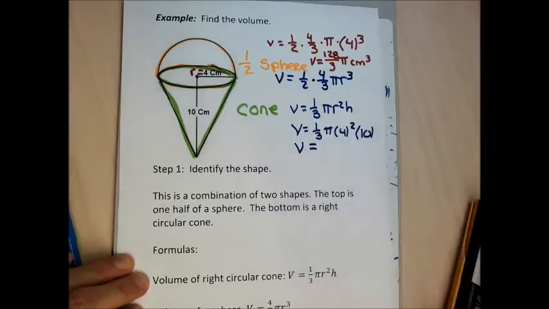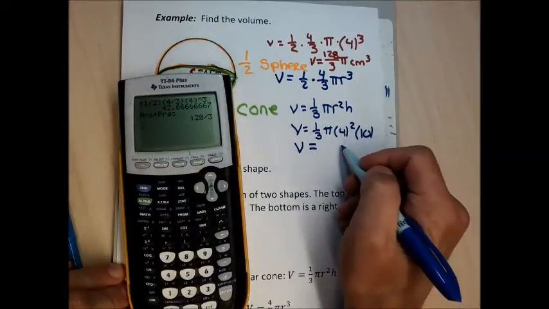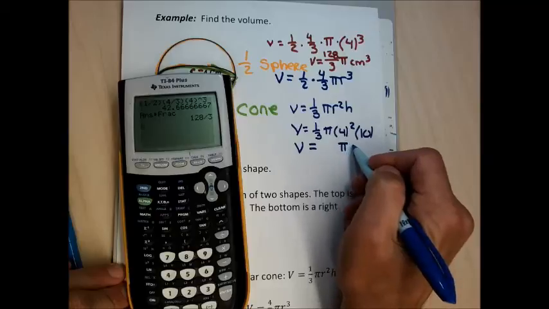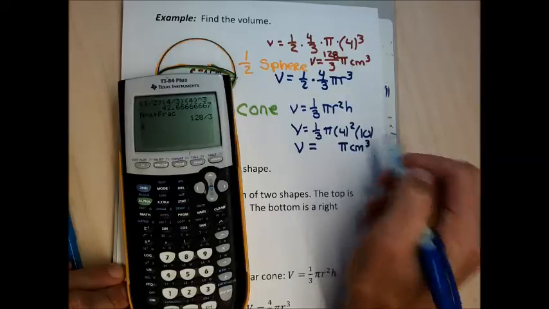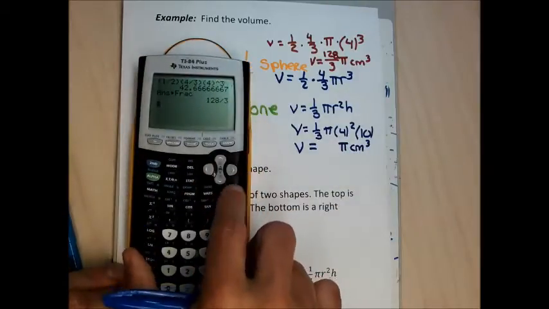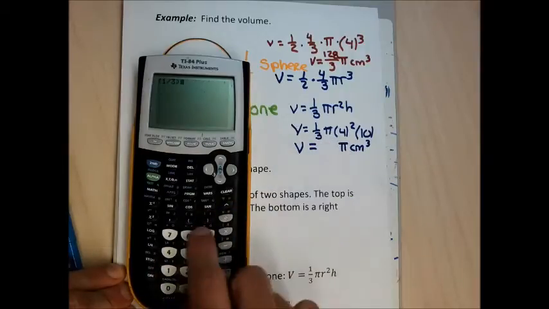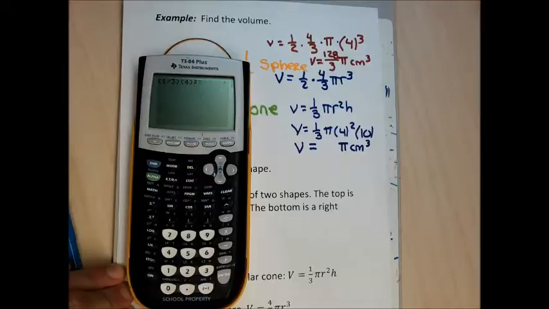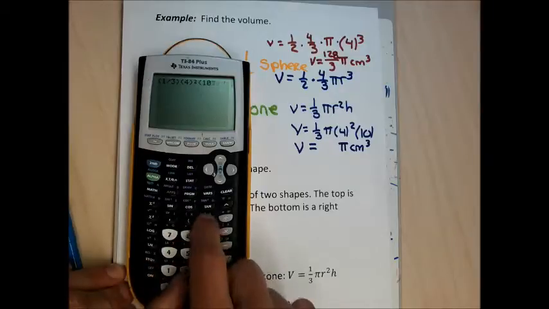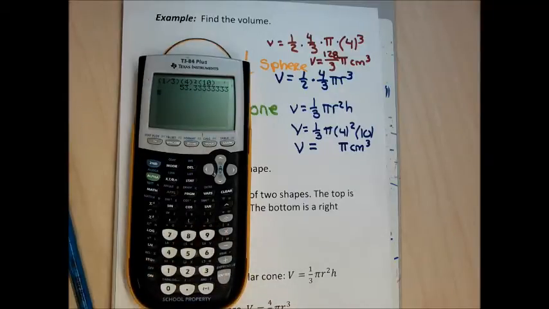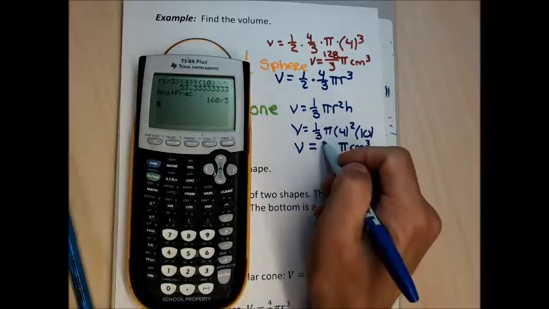So for my cone, I'm going to leave the volume with the pi, and let me get the number. I'm going to get the number by putting the 1/3 in parentheses, and then the 4 squared in parentheses, and then the 10 in parentheses. If I wrote 53.33, I could live with that. Let me hit math and enter twice to make it a lovely fraction.